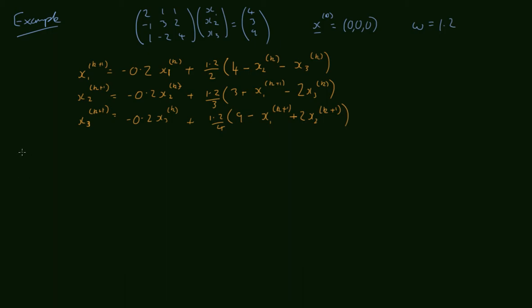Let's have a look at the iterations. So for the first iteration, I'm going to have minus 0.2 times 0 because we're starting with 0 starting values, plus 1.2 over 2. We're going to have 4 minus 0 minus 0, and that comes out at 2.4. For our second unknown, again I've got minus 0.2 times 0 plus 1.2 over 3, 3 plus that 2.4 I've just calculated, minus 2 lots of 0, which is the current value of x3.